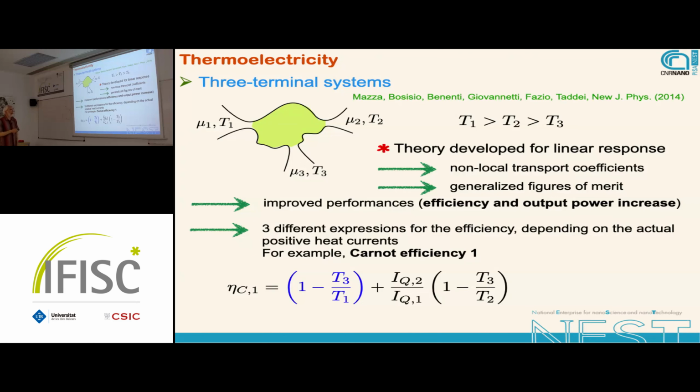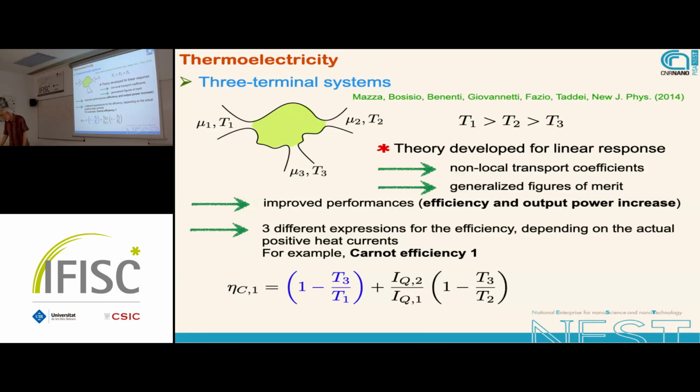And you find strange expressions like this. So the Carnot efficiency, in the case that only from 1 you get a positive heat current, contains the usual Carnot efficiency between the two extremal temperatures, and then you get an additional term, which actually depends on the value of the heat current you have.